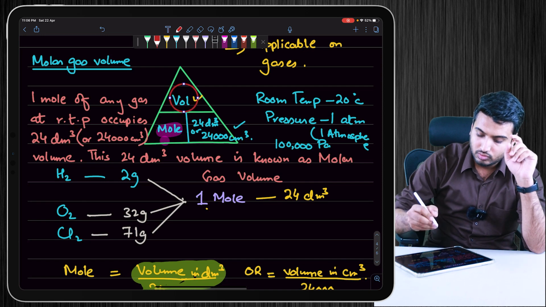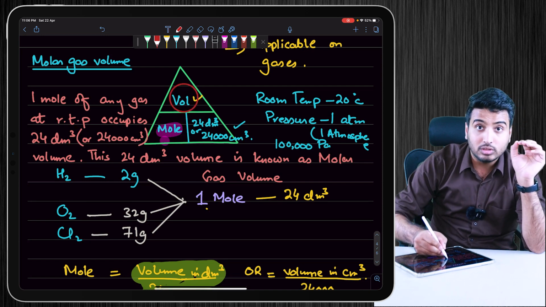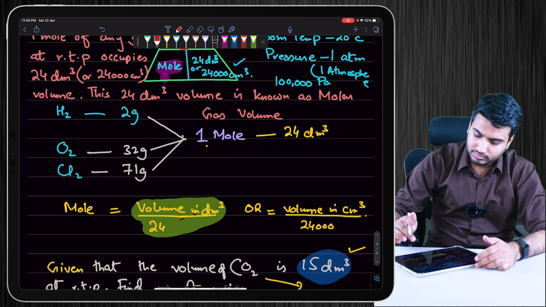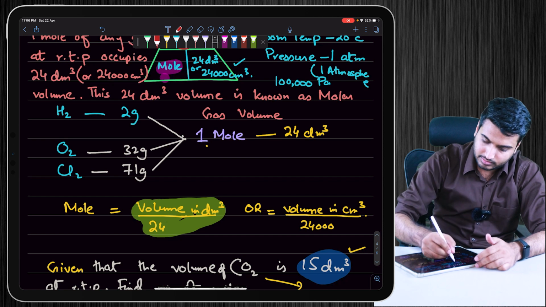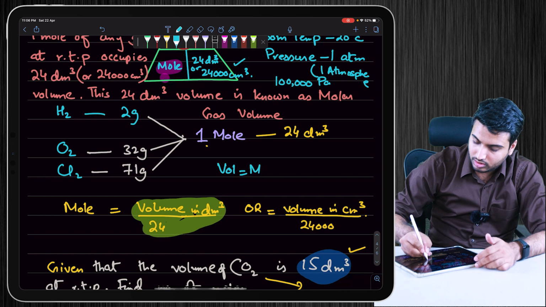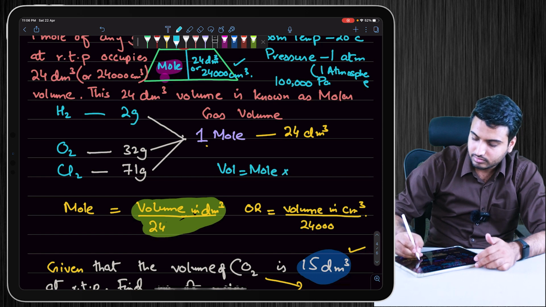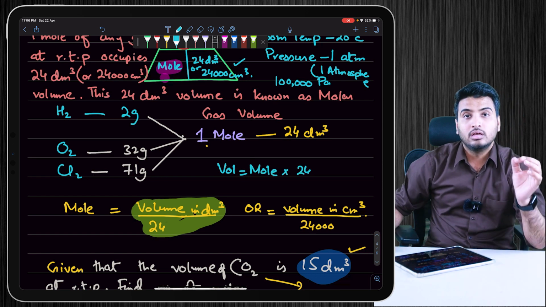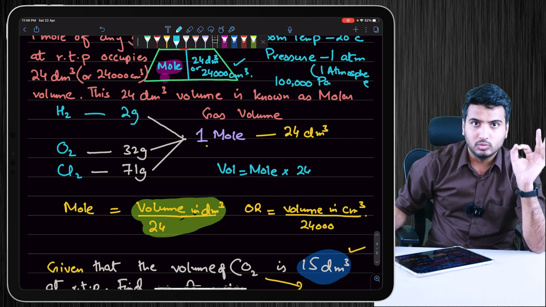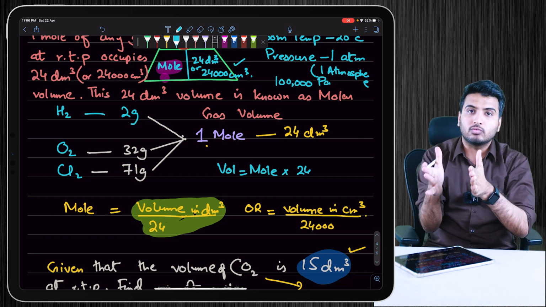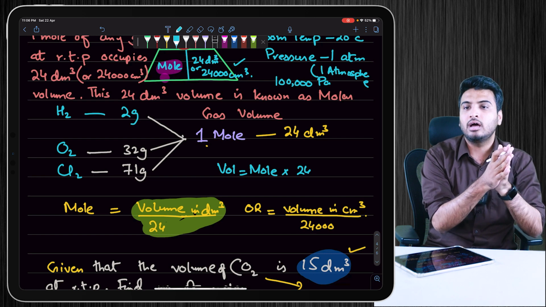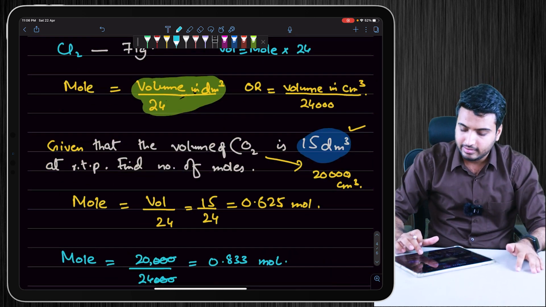So to find volume, we need to multiply moles by molar gas volume, which is 24. So the formula for volume would be, volume would be mole times 24. All right, so now we only have mass, we do not have moles. So it means first of all we convert it to the moles. Then afterwards we use this formula to find the volume.